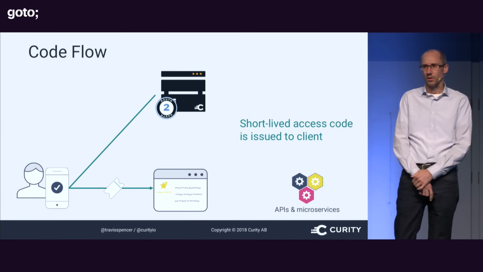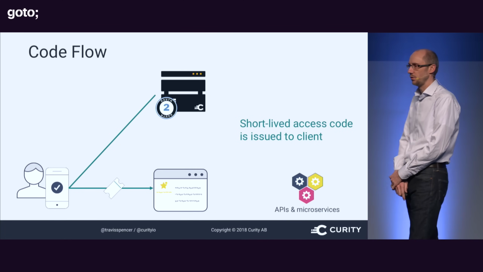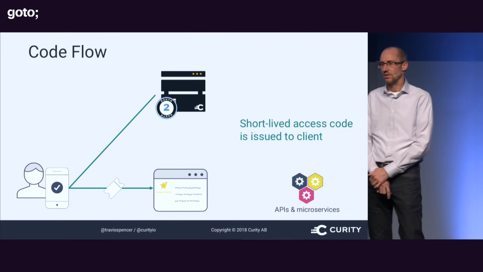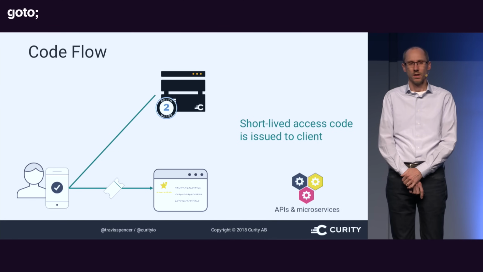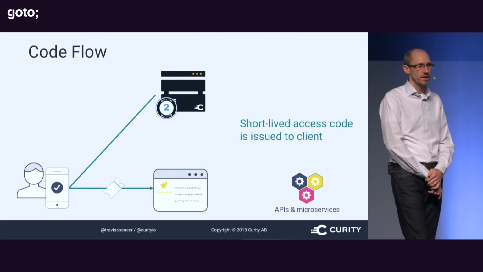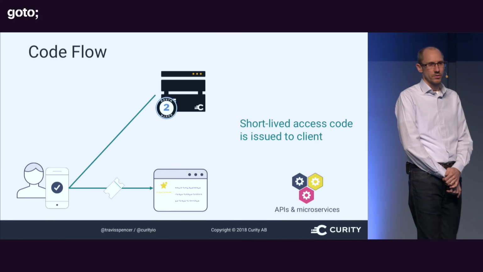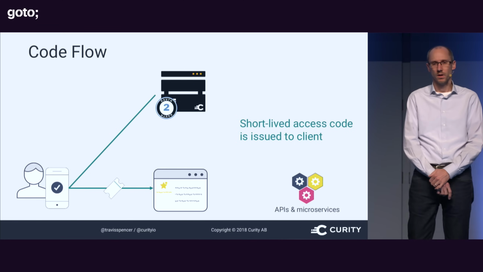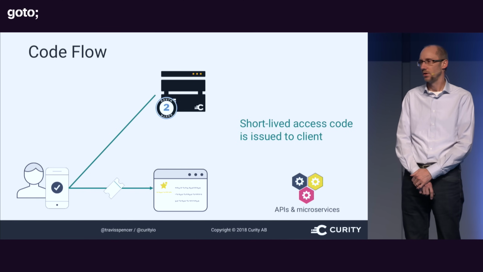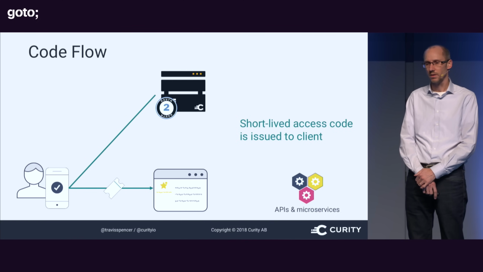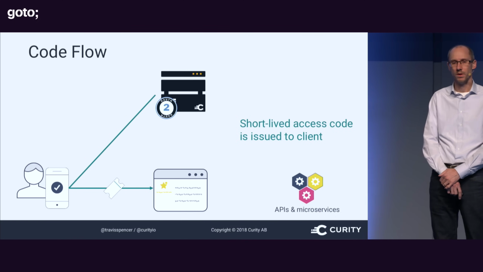This authorization code signifies that the end user has authenticated and has consented to the application accessing resources on behalf of that user. This authorization code is called a nonce, or a no more than once. So this short-lived authorization code can only be used one time, and it can only be used one time at the authorization server within a very short amount of time, usually about 30 seconds or so.